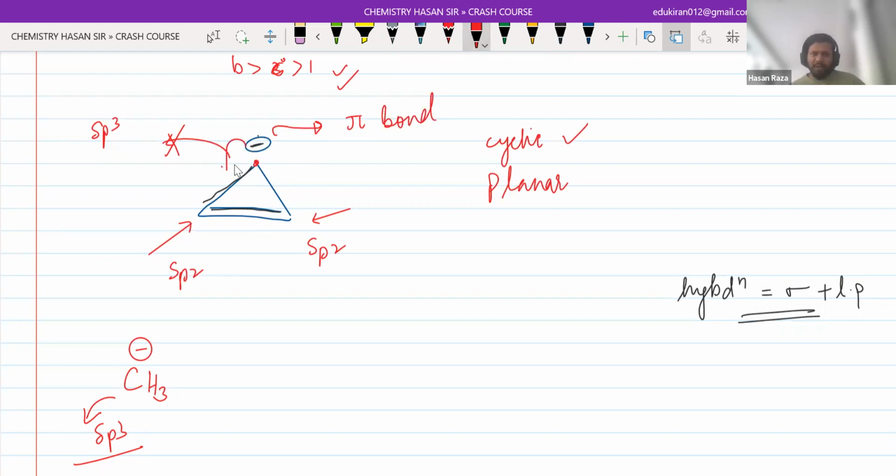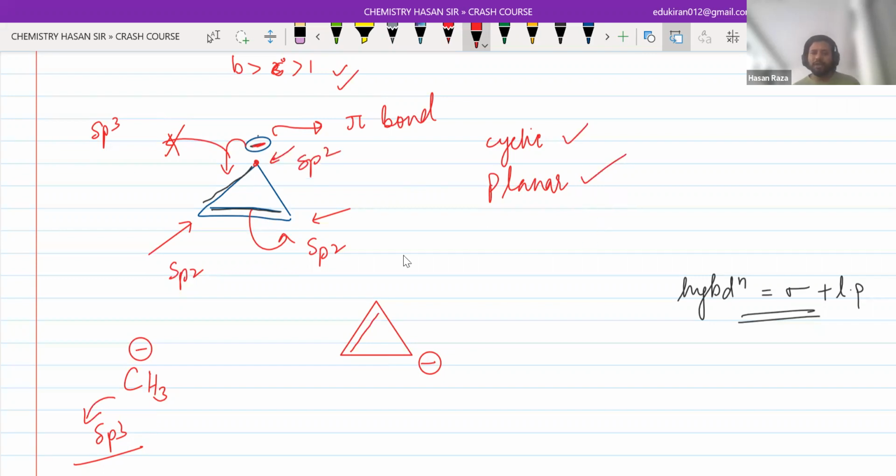So you can see this will move to this and this will move to this. So there will be negative charge, and this negative charge becomes sigma bond. That means this negative charge is pi electron, not sigma electron. Sigma lone pair will take part in hybridization, but pi does not. So that's why this is sp2, and hence it is planar.